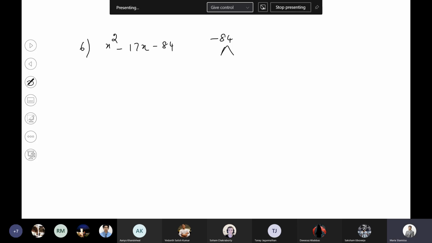So what are the factors of it? Very good, it will be minus 21 and 4. So directly you can write x minus 21 and x plus 4. The answer will be the same.